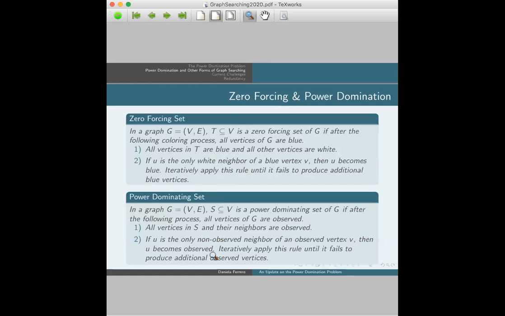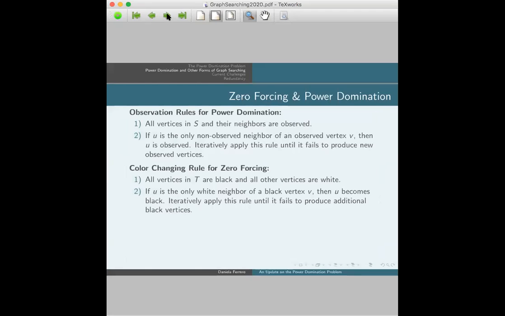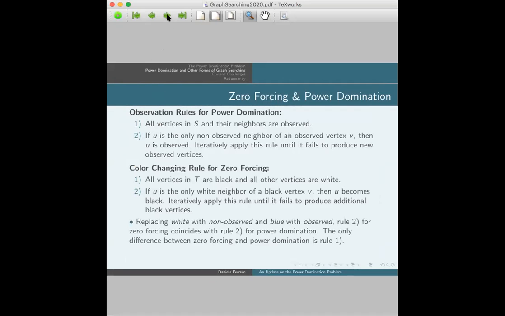And then we iterate this rule. But if you compare the rules, either the observation rules for power domination or the color changing rules for zero forcing, it's very clear that if you change white with non-observed and blue with observed, the second rule coincides in zero forcing and in power domination.